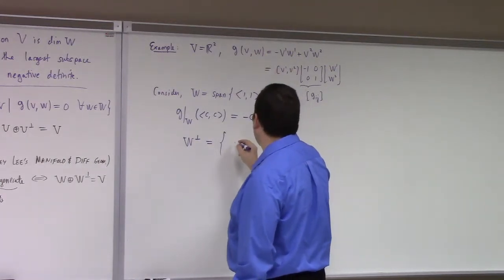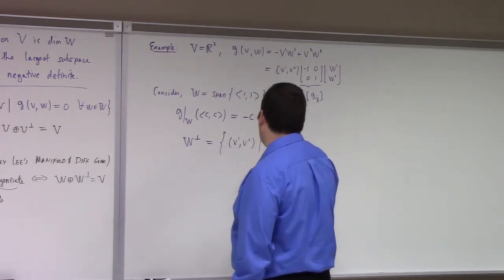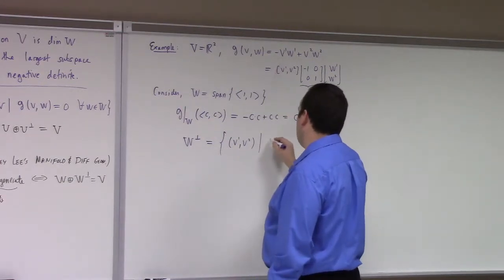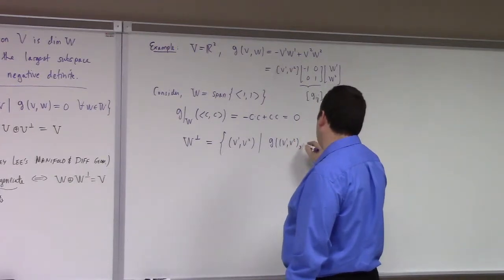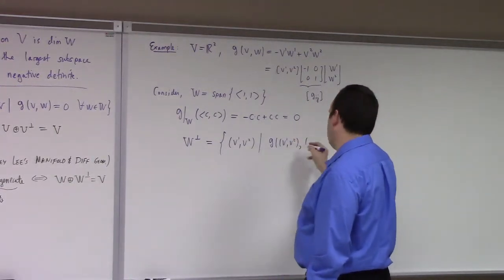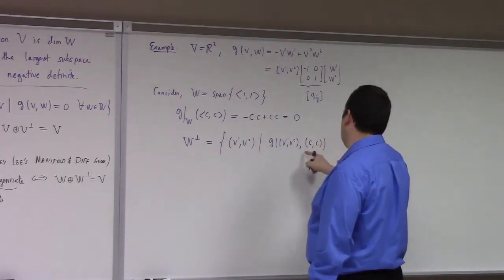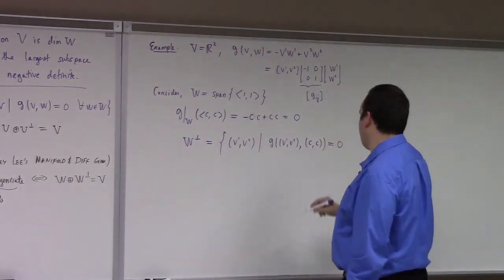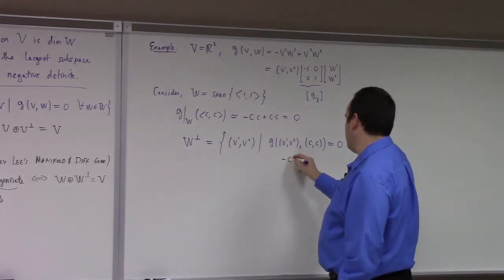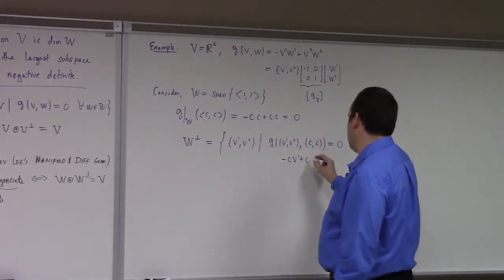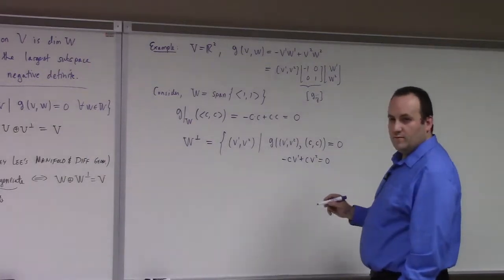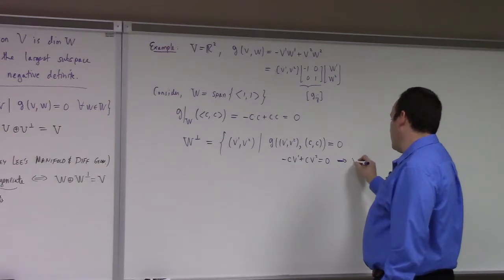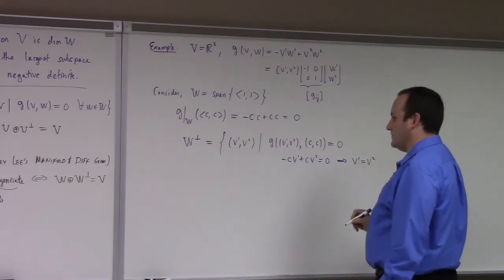So we have to look at (v1, v2) such that G of (v1, v2) comma (c, c), a typical W vector, equals 0. This gives you minus c v1 plus c v2 equals 0 for all c, which implies that v1 is equal to v2.